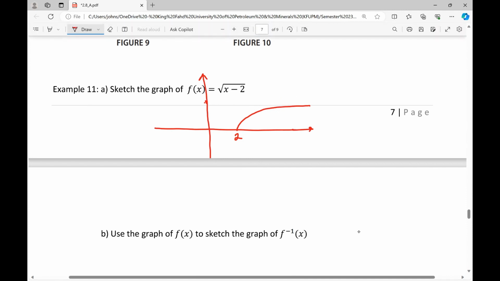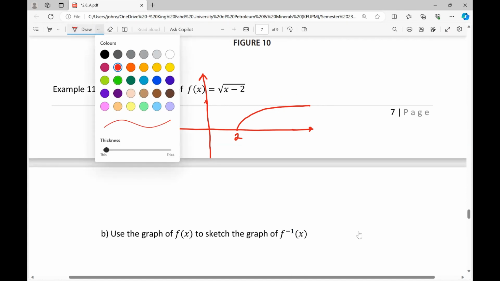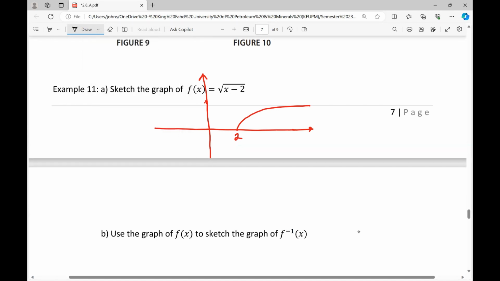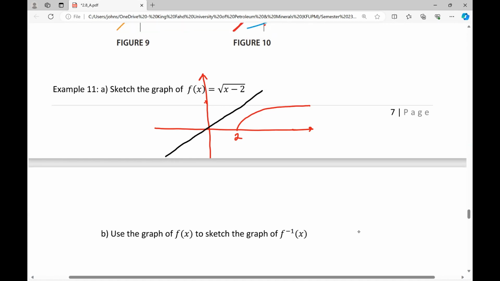Actually we can do it by just drawing the line y equals x. So the line y equals x will be something like this. So this is the line y equals x.